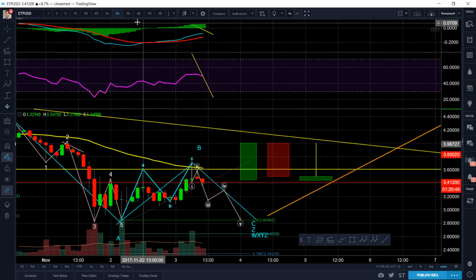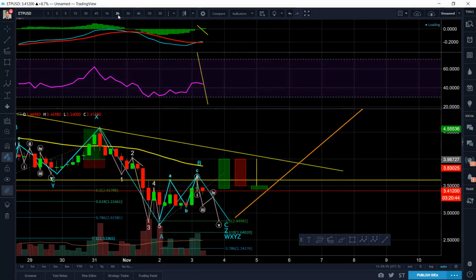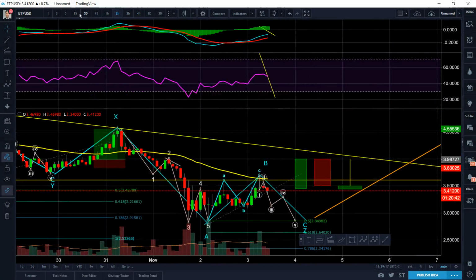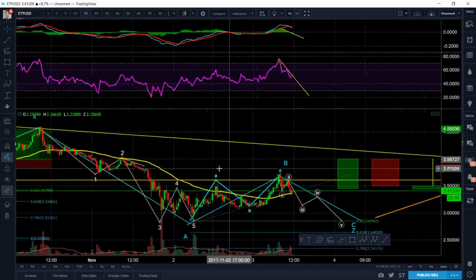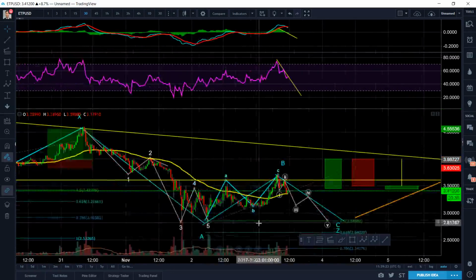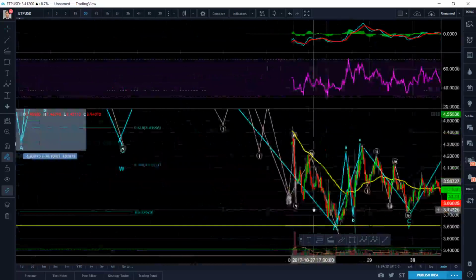We got a double shooting star on a 2-hour chart and a massive shooting star on a 4-hour chart, which implies down we go. So if every single wave here, from say A to B, or sorry, to C, made 5 waves there, right?